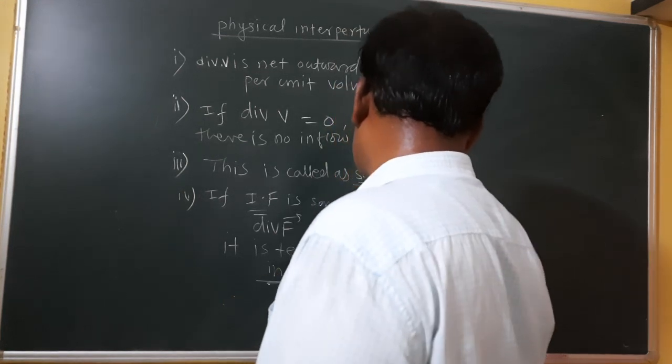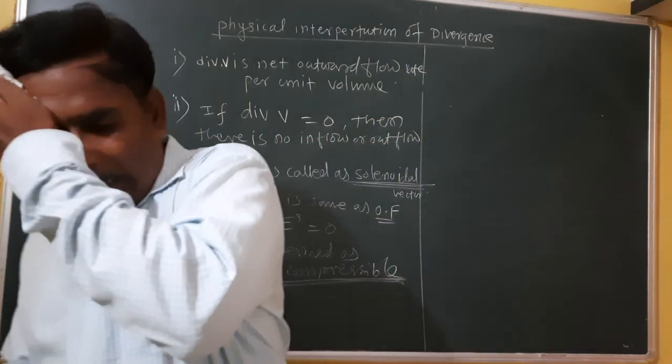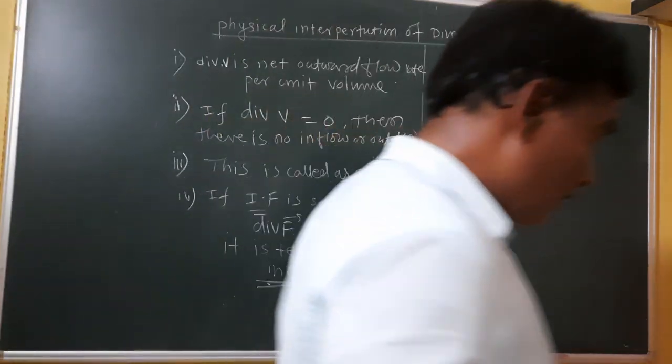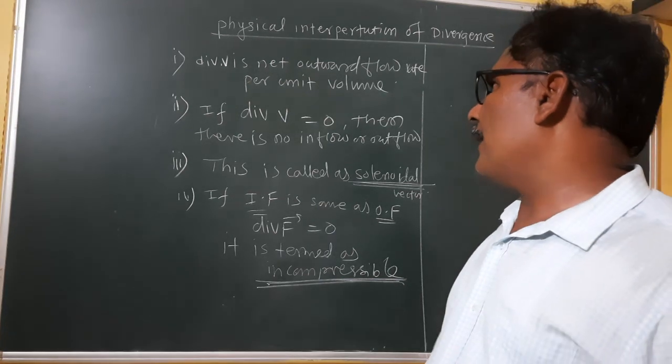Sometimes the vector is called solenoidal, sometimes the flow is called incompressible. If divergence of V is 0 or divergence of F is 0, then this flow is called an incompressible flow, and it is also called solenoidal flow.